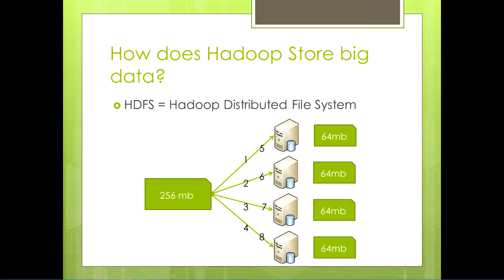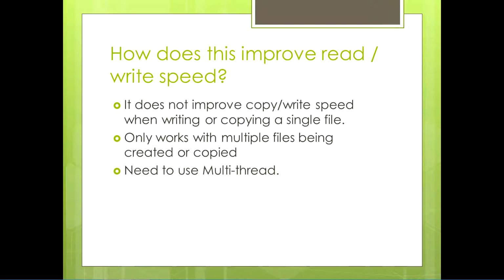Here is the diagram for one file. If you want to write multiple files, it's going to spawn another process to do the second file at the same time. And it's the same story for read as well.